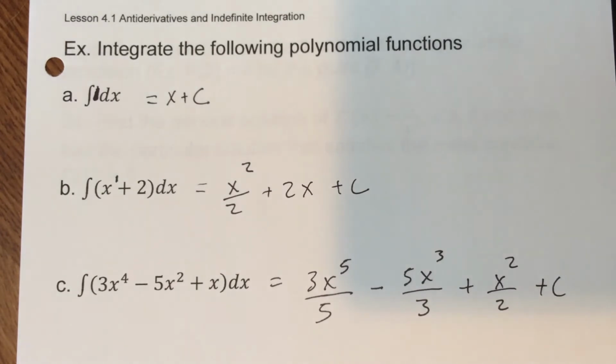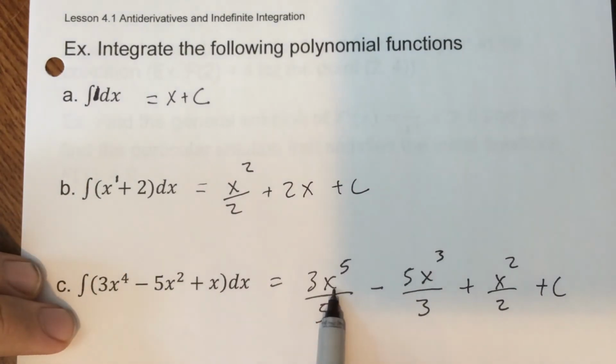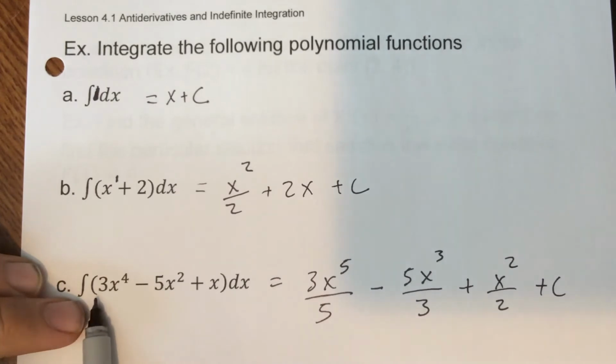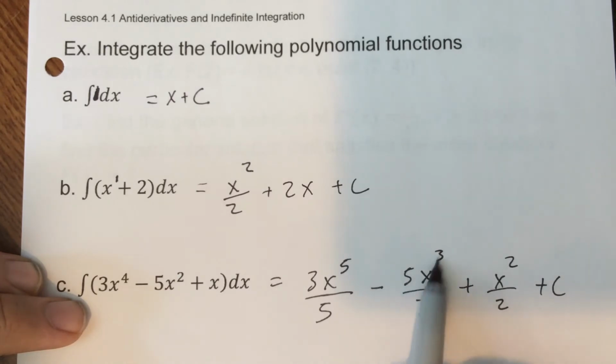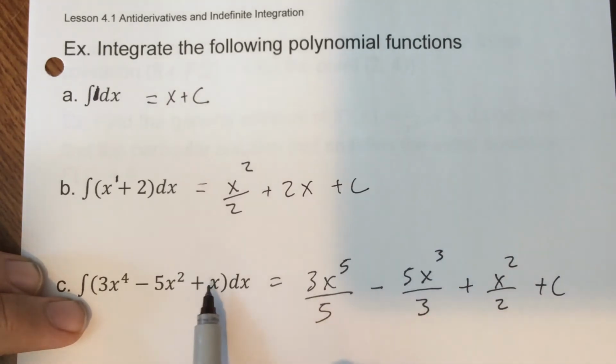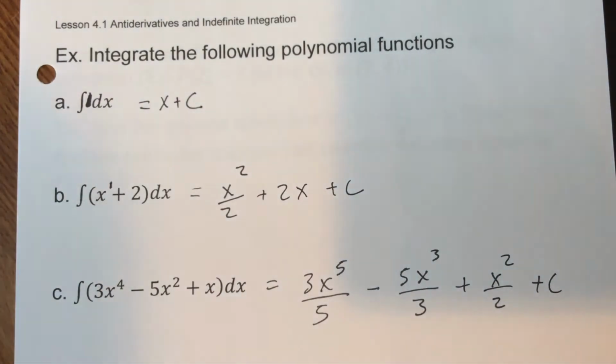So power rule in reverse. That's how the integral goes. It builds it back up. Because again, if we would have done the derivative here, we would have brought that 5 down, which would have canceled with the 5, which left us with 3x to the 4th after we subtract 1. Same thing here. Bring the 3 down, cancels with the 3, so 5x squared is our next one. Here, bring the 2 down, they cancel, so you just have an x. So yeah, just going backwards, so doing the opposite thing.